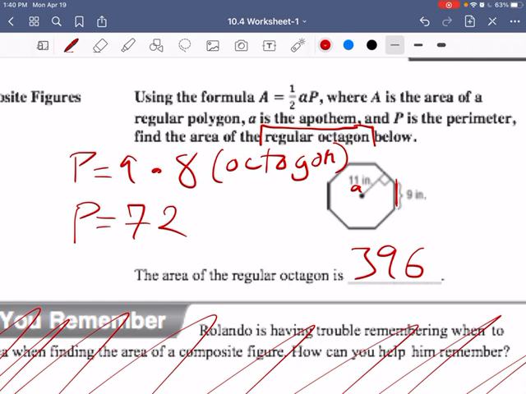So that's 9, 9, 9, 9, all the way around. We could add 9, 8 times, or we could just multiply 9 times 8 and get 72. Because it's an octagon, we multiply 8 times. That just gives us the perimeter.